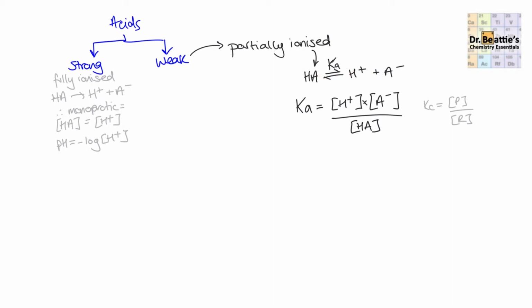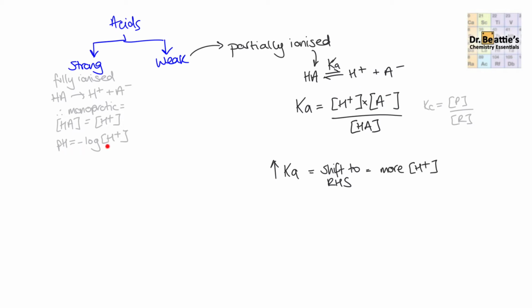Now, if we have a high value for Ka, then that means we have shifted to the right-hand side of this equilibrium, which therefore means we have a higher concentration of the H+ ion and the A- ion. So this term is greater.